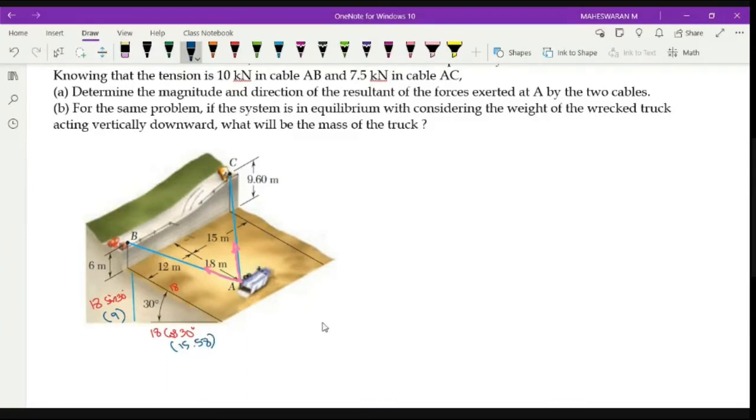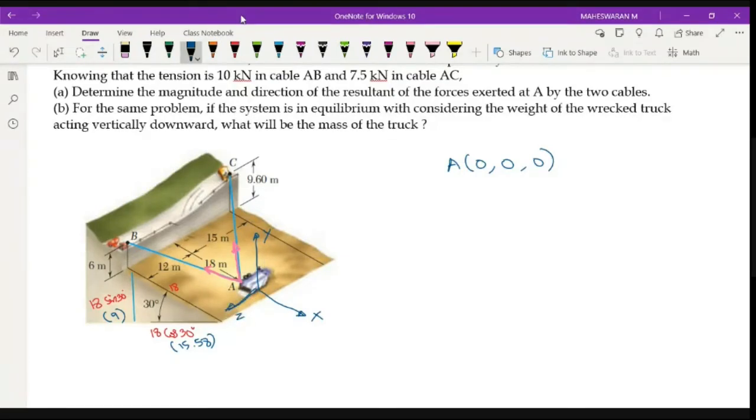Right? So now if I consider A as 0, 0, 0, assuming this direction as the x-axis, towards vertical as the y-axis, and this direction as the z-axis.